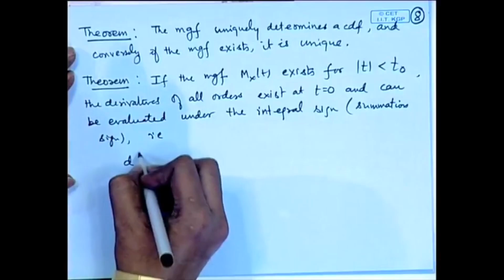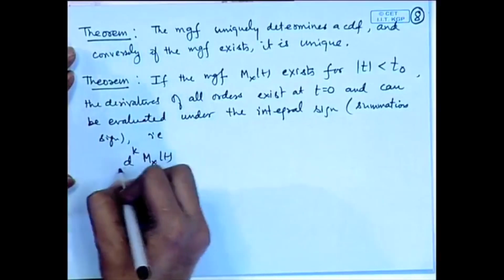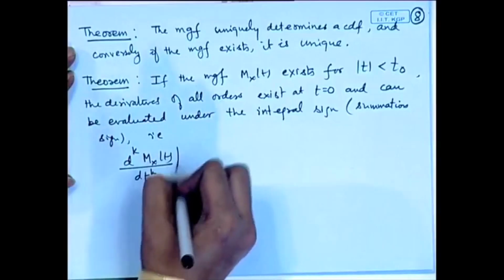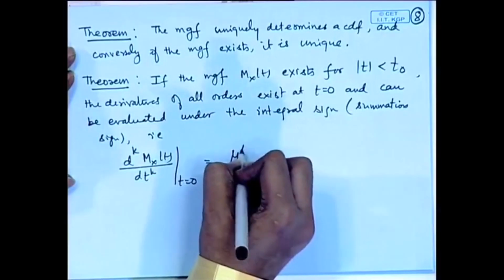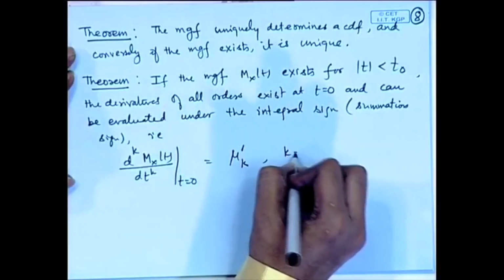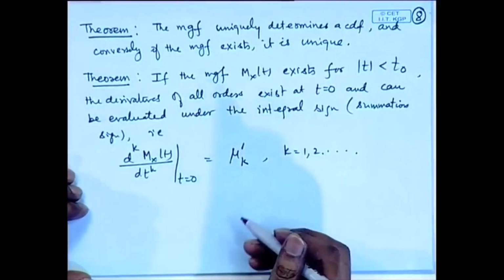So the derivative of the moment generating function of order k at t equal to 0 gives you the kth non central moment.